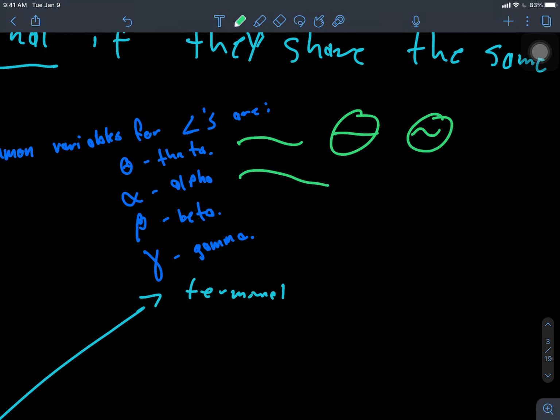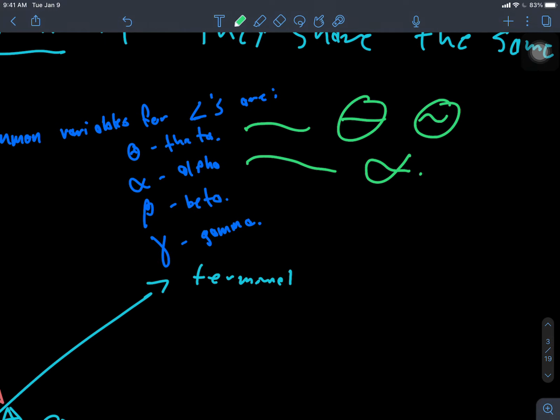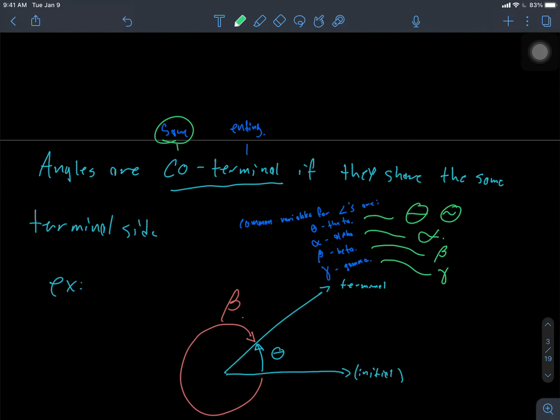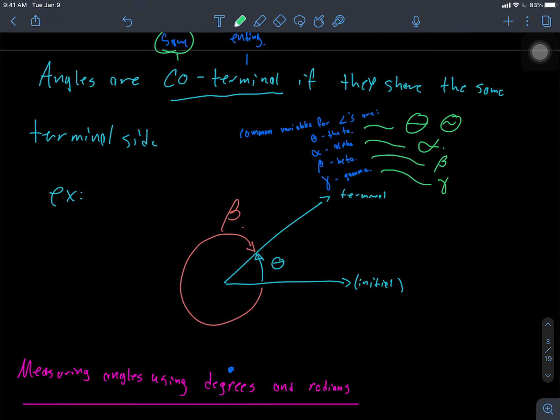Then we've got alpha, which looks a little bit like a fish. Beta just kind of looks like a bee with an elongated tail. We probably won't really use gamma, but gamma looks like an upside down fish. So those are some of the letters I'll be using to talk about angles.